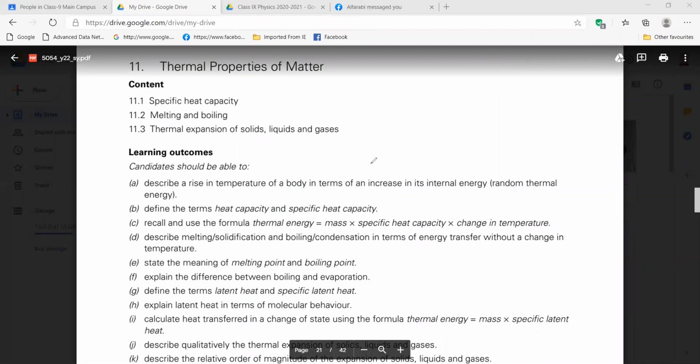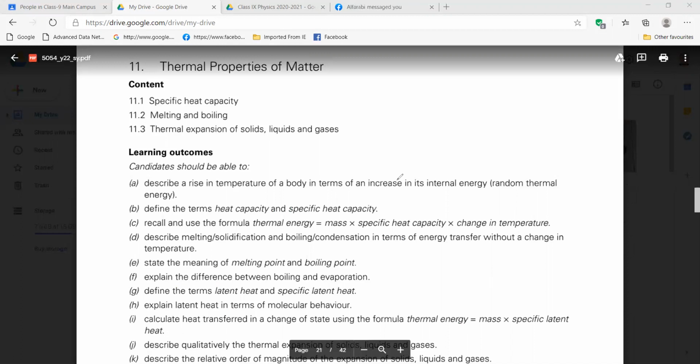Look here. Can you check how many learning outcomes are already done? A: describe a rise in temperature of a body in terms of an increase in its internal energy, random thermal energy. B: define the terms heat capacity and specific heat capacity.